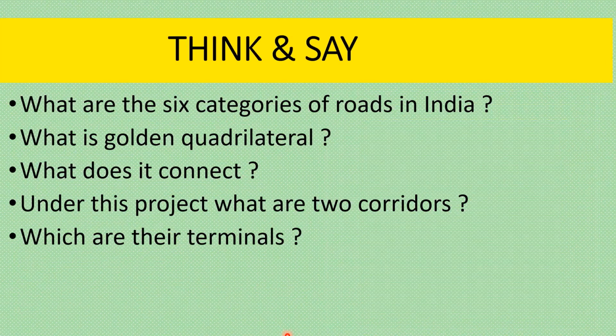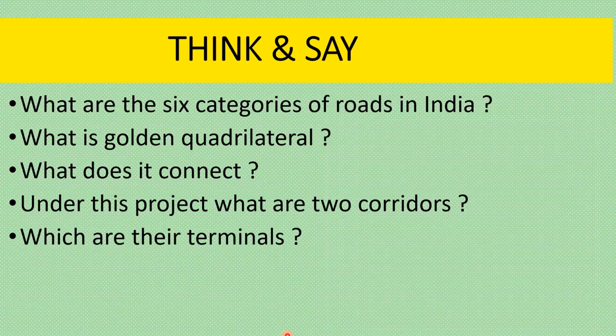Let's think and say the answers to the following questions. What are the six categories of roads in India? The six categories of roads in India are Golden Quadrilateral, national highways, state highways, district roads, village roads, and border roads.